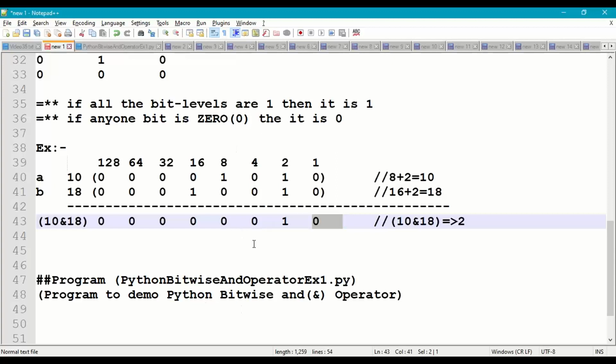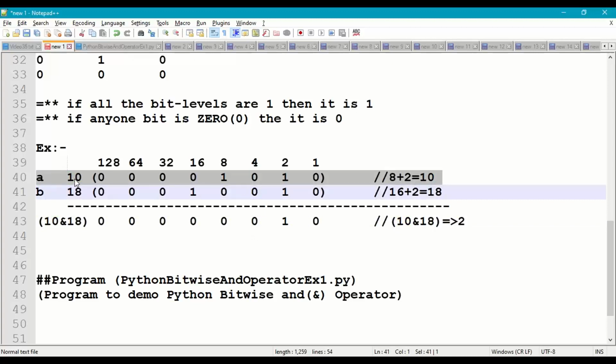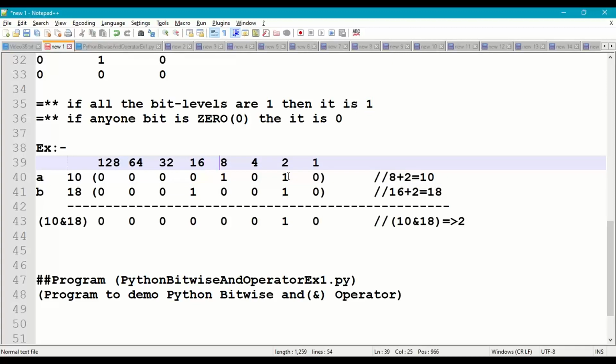Here is how to calculate the value. Let us calculate the equivalent value of 10 in binary. We have 1 at this place and 1 at this place. Add the corresponding decimal values, 8 plus 2, so the answer is 10.